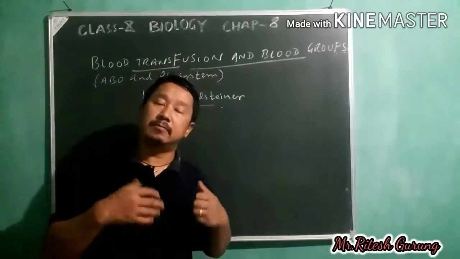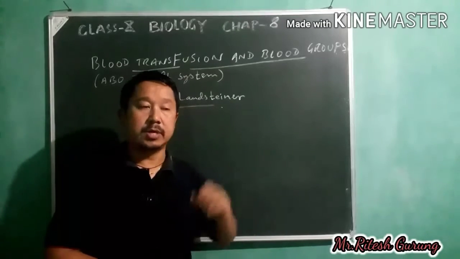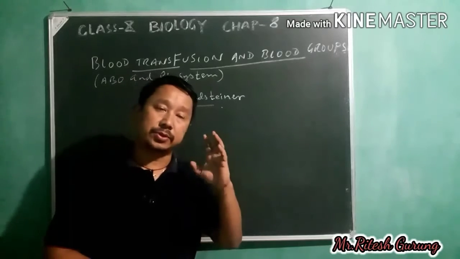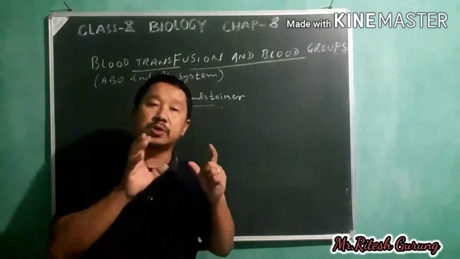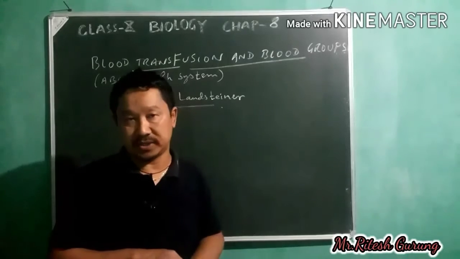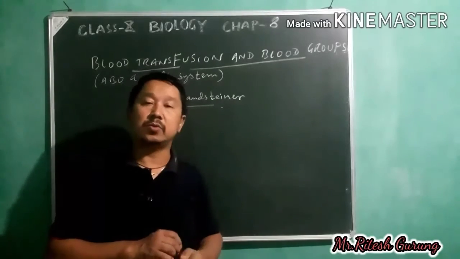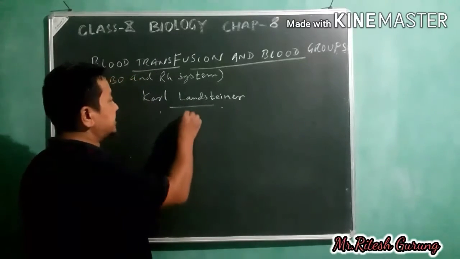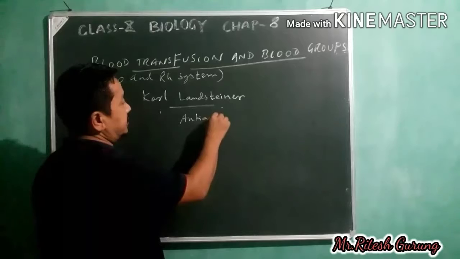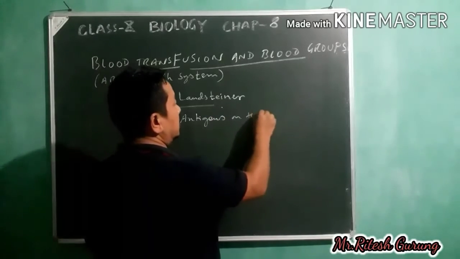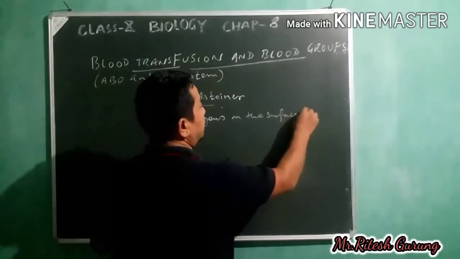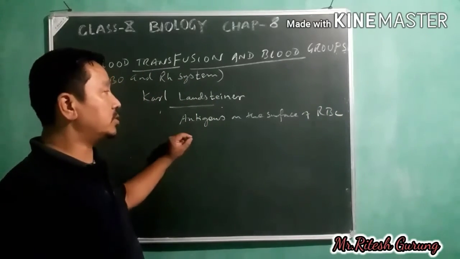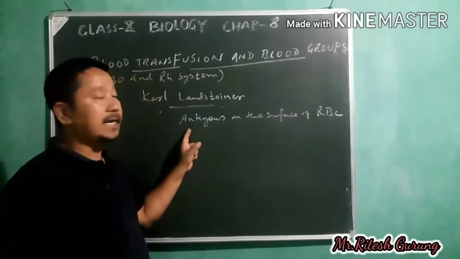Okay, so blood is composed of different kinds of cells and plasma. There are proteins on the surface of RBC, and these proteins are named antigens.